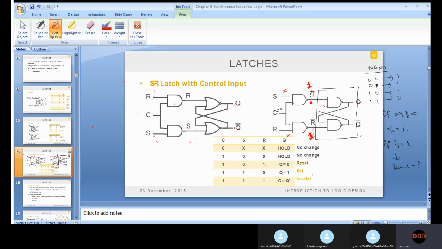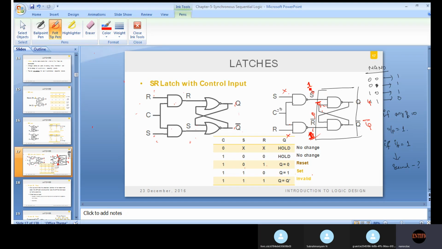The second input will be Q bar. So Q bar, and here also this is 1, I will get a Q here. Here you will get Q and here you will get Q bar.